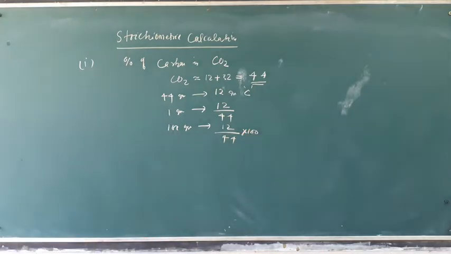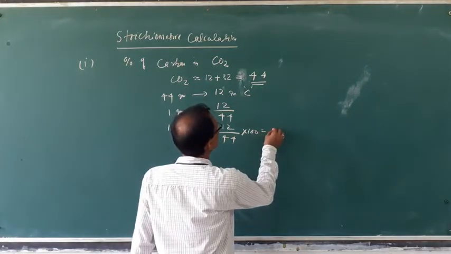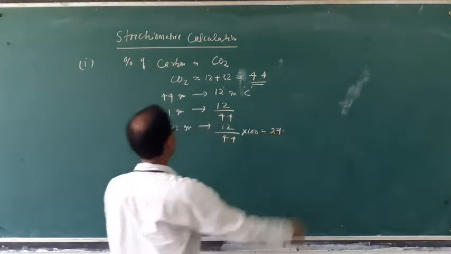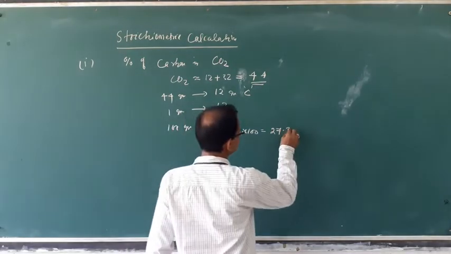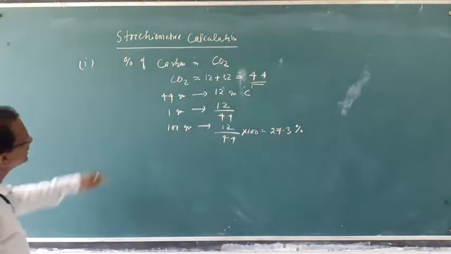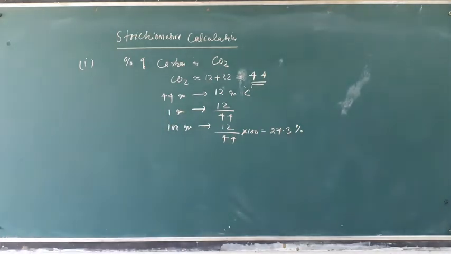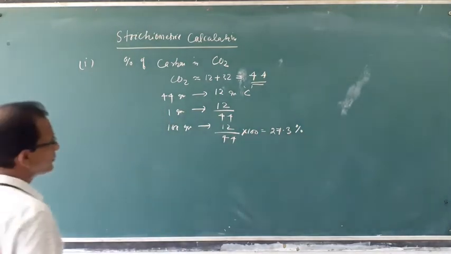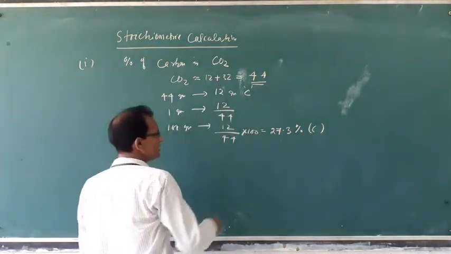Firstly you calculate. The result is that the percentage of carbon in carbon dioxide is 27.3%. If 27.3% is carbon, then how much oxygen?